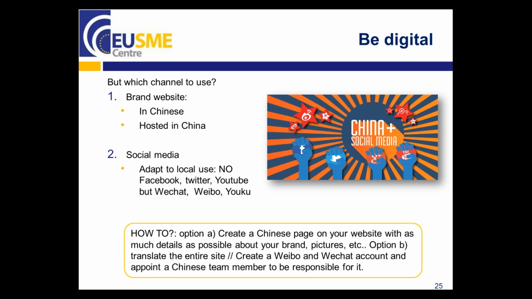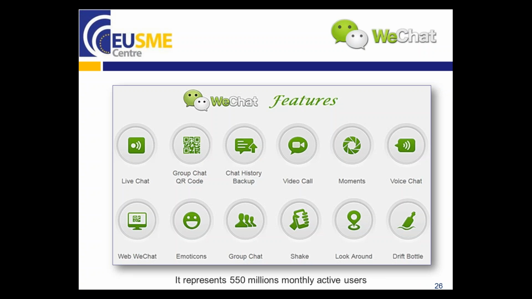I'll go through the different social media platforms. Number one is WeChat, and this is something that I don't know how we can live without now. WeChat is where you can discuss with your friends and get groups to work together. Many companies are using WeChat to talk together and to organize meetings.